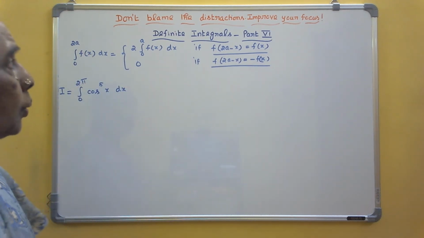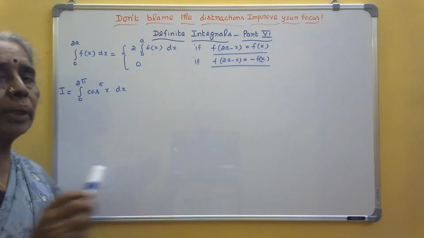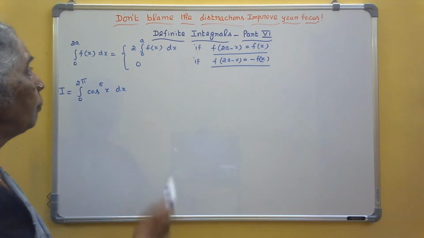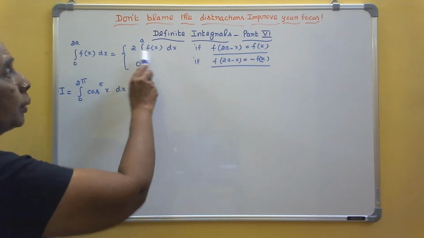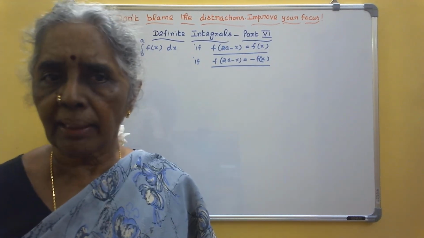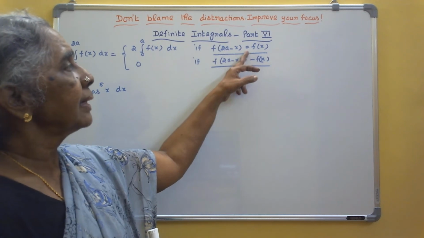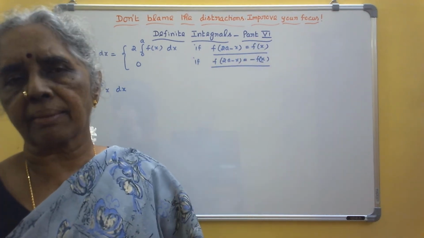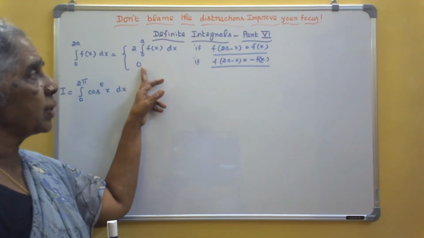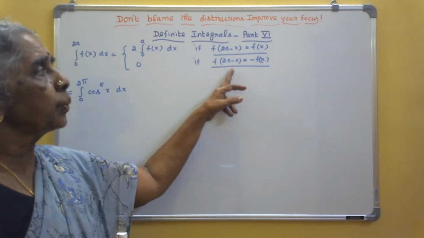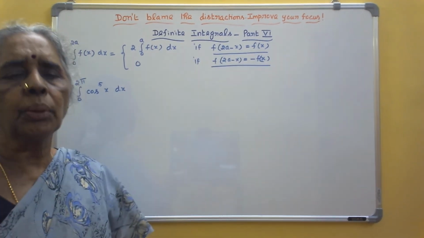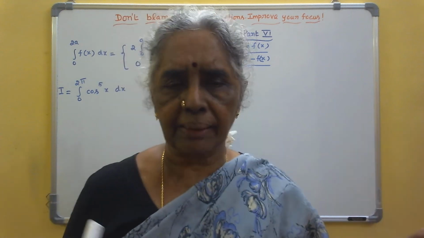Okay. So integral 0 to 2a f of x dx is equal to twice integral 0 to a f of x dx, if f of 2a minus x is equal to f of x. It will be equal to 0 if f of 2a minus x is equal to minus of f of x.